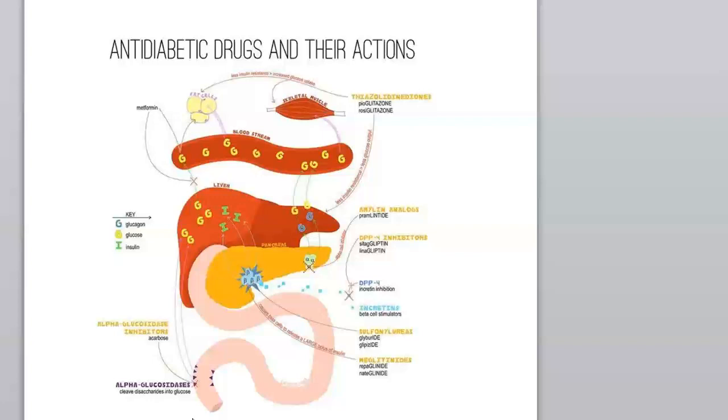But these can be ordered for both type 1 and type 2. Obviously, your type 1s have no pancreatic function at all, so they will be totally dependent on their insulin. And remember that for a type 1 diabetic, insulin is their lifeline. They need it to maintain life and to be able to have a fairly productive life.